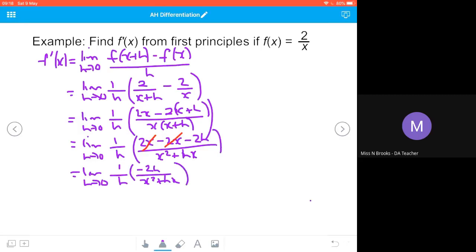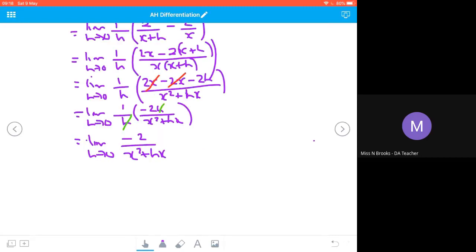Now you can see I can cancel that h that's on the numerator and the denominator, and so that gives me my limit as h tends to 0 of minus 2 over x squared plus hx.